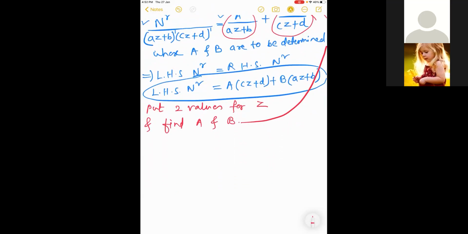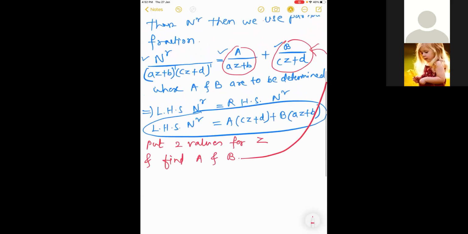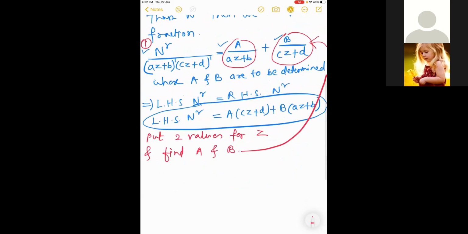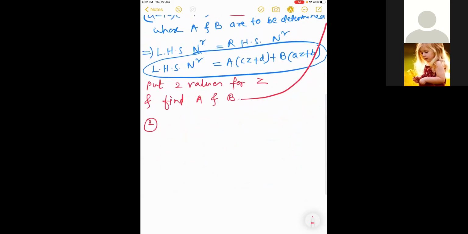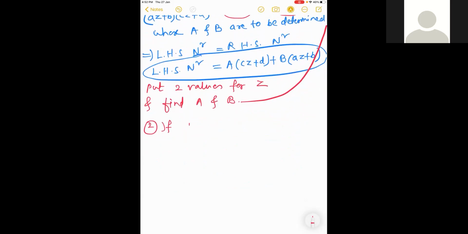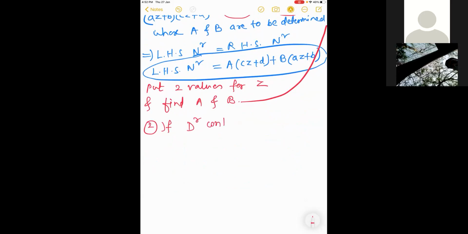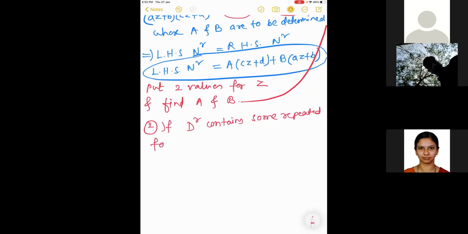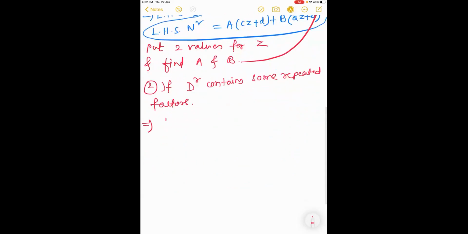Similarly, I'll call this the first note. The second case is if the denominator contains some repeated factors. Repeated factors means some numerator upon az plus b, repeated, and cz plus d.